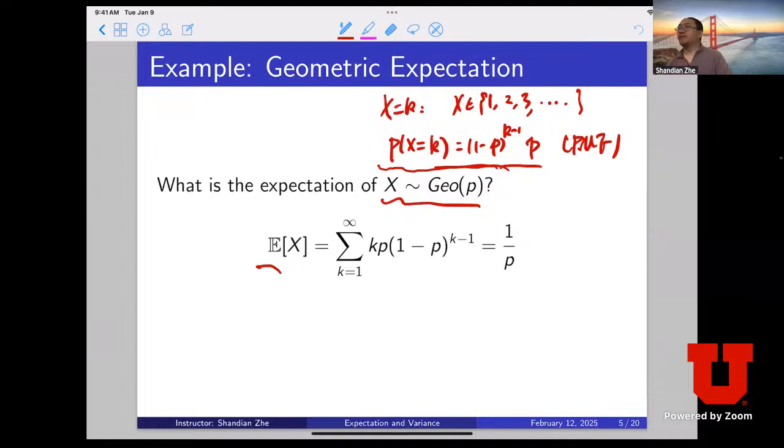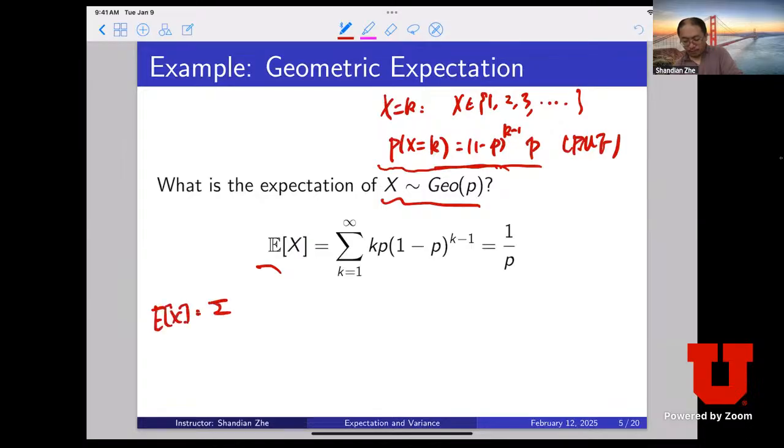Infinite. It's not real numbers, but it's still all possible positive integers, and there are infinitely many positive integers.